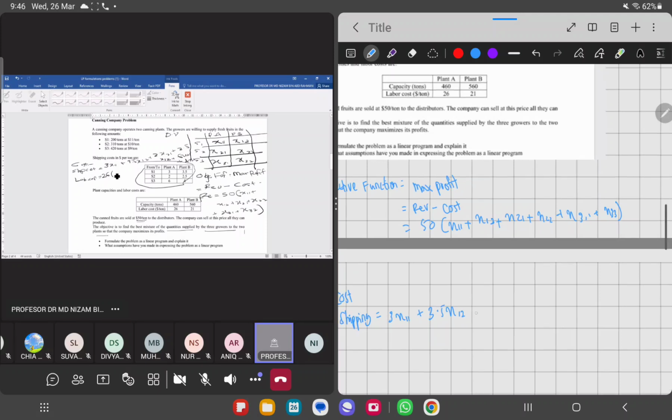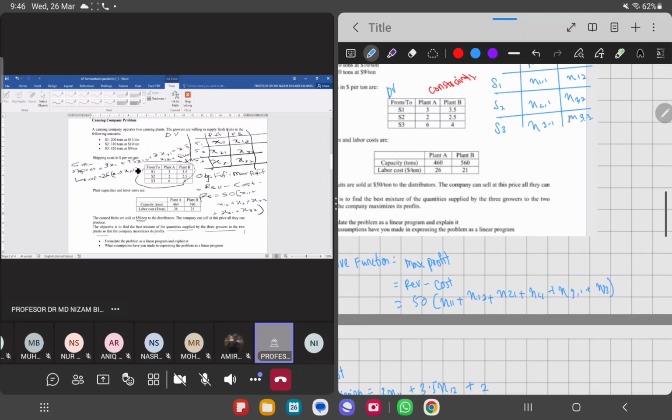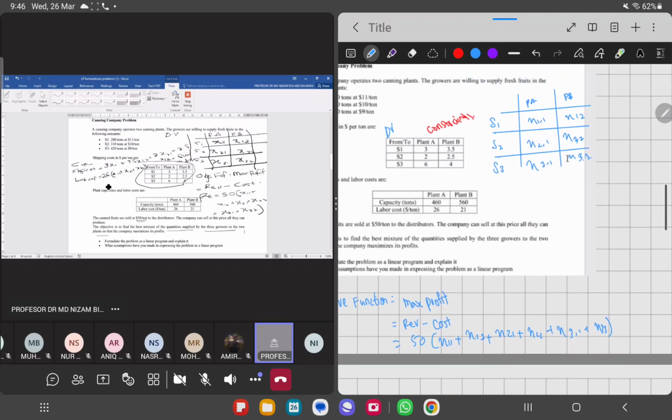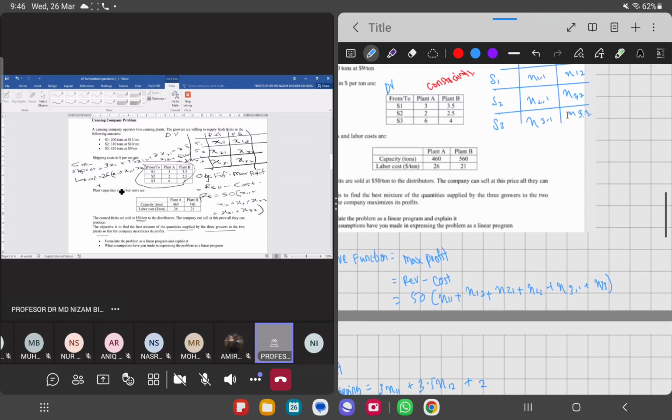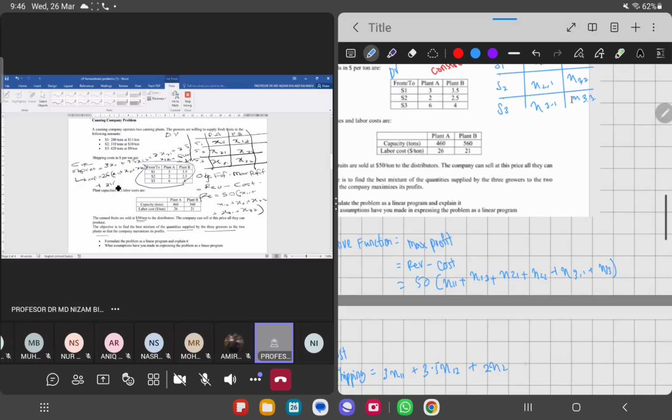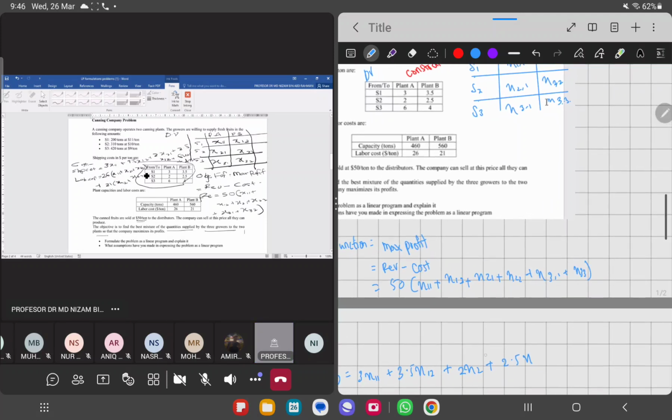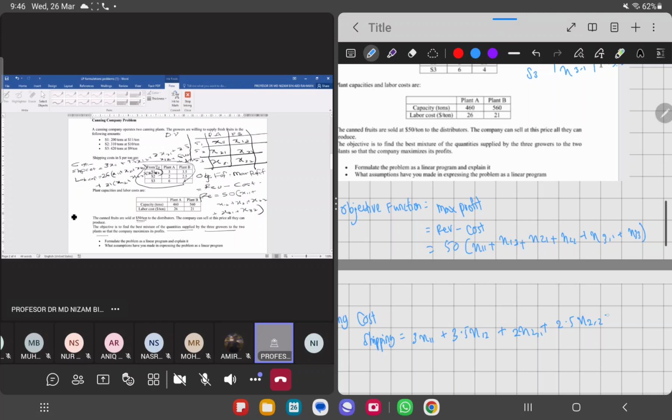Correct. So you got it now. And for plant B it is 21 times X12 plus X22 plus X32. That's labor cost.